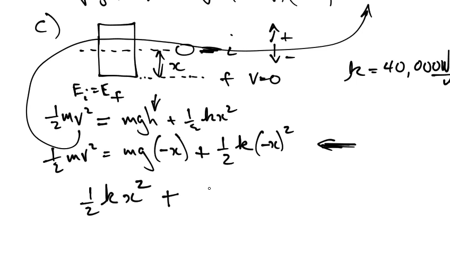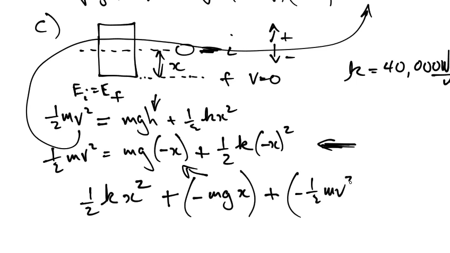Plus, and I know I'm writing plus here, but in fact I'm going to write negative mgx. That's that term there. And then also a negative 1/2 mv squared. Why? Because this term is on the left hand side. You bring it to the right hand side, it's going to be negative.